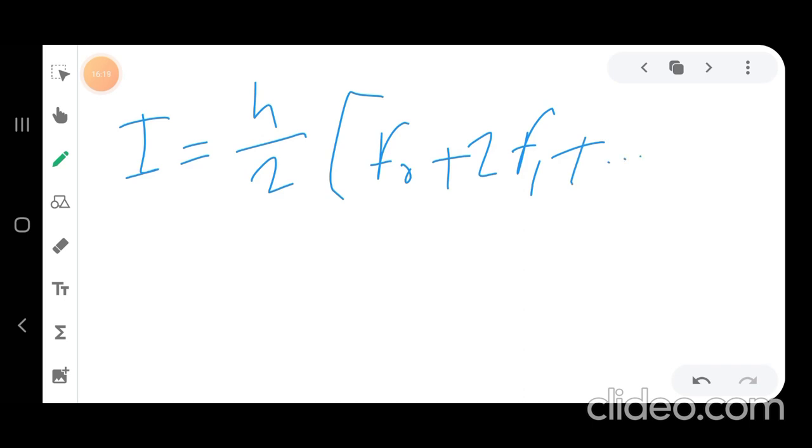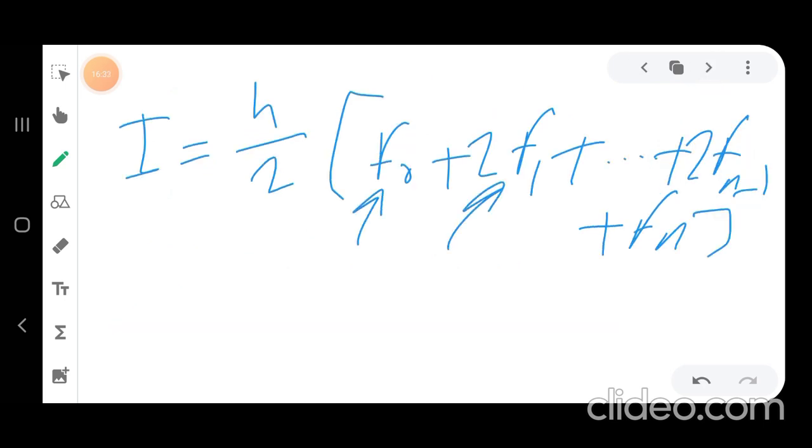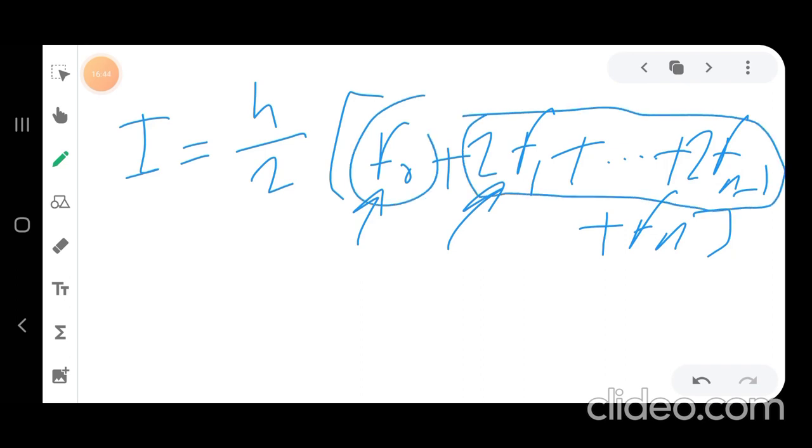This integration is h over 2, if I'm not mistaken, times f naught plus 2f1 plus etc. plus 2f(n minus 1) plus fn. So if you have, for example, 5 points, then it will be f1 plus 2f2 plus 2f3 plus 2f4 plus f5. In between, you multiply each f by 2, and at the beginning and the end, you don't. Okay, this is the trapezoidal rule.